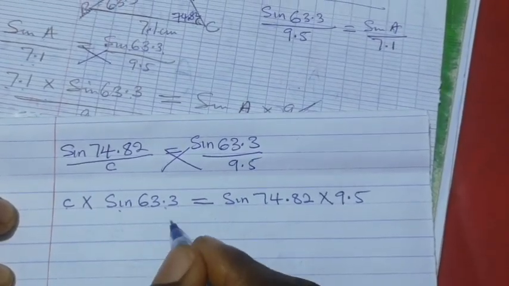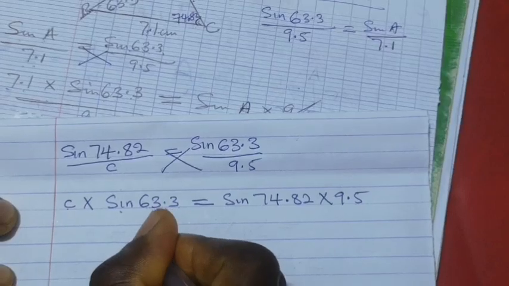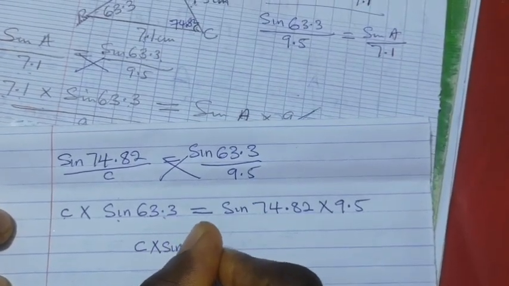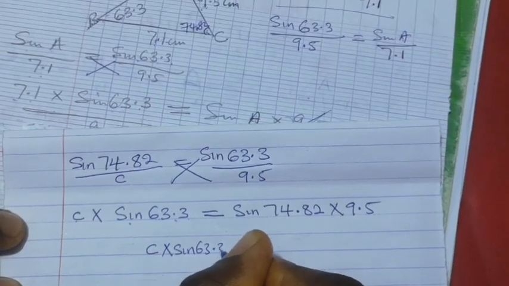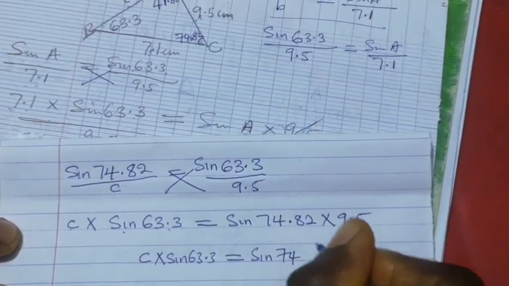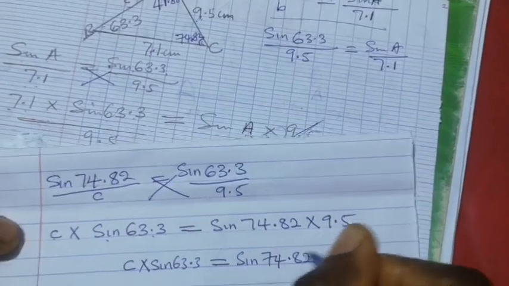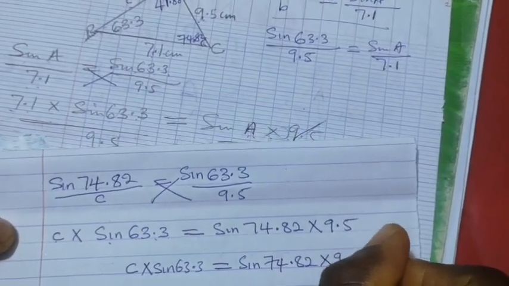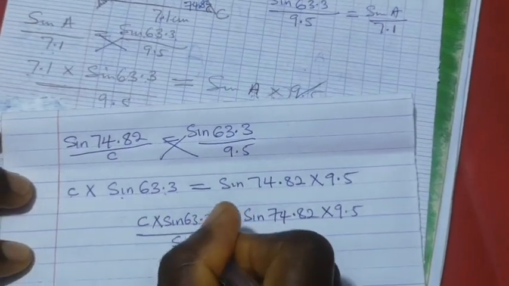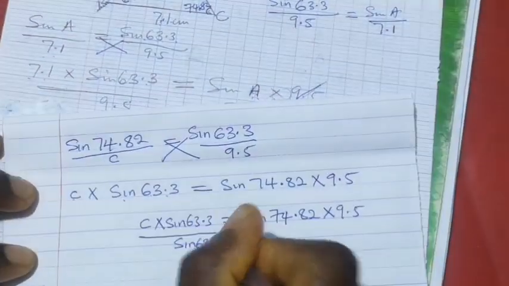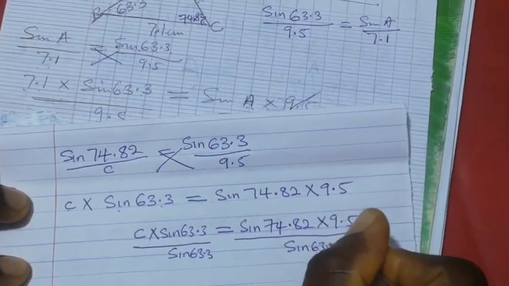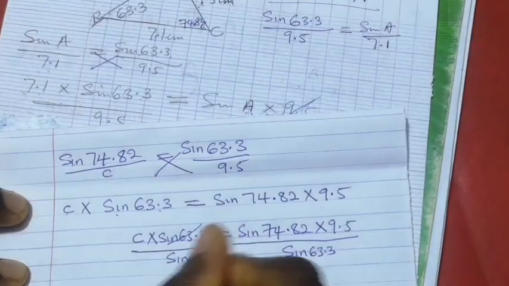So if we divide both sides, we now have C times sine 63.3 is equal to sine 74.82 times 9.5, divide through by sine 63.3, so this will cancel this.